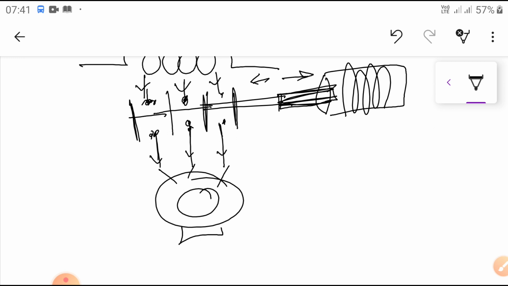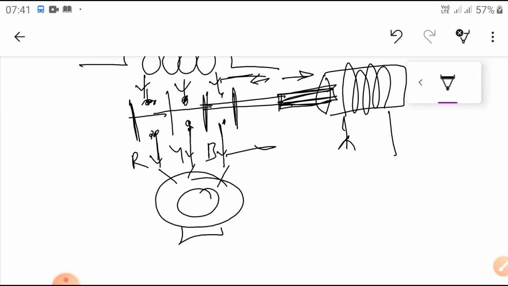Here we connect this one, taking the R phase, Y phase and B phase. Under normal condition it is an open switch, so current is flowing through this one.